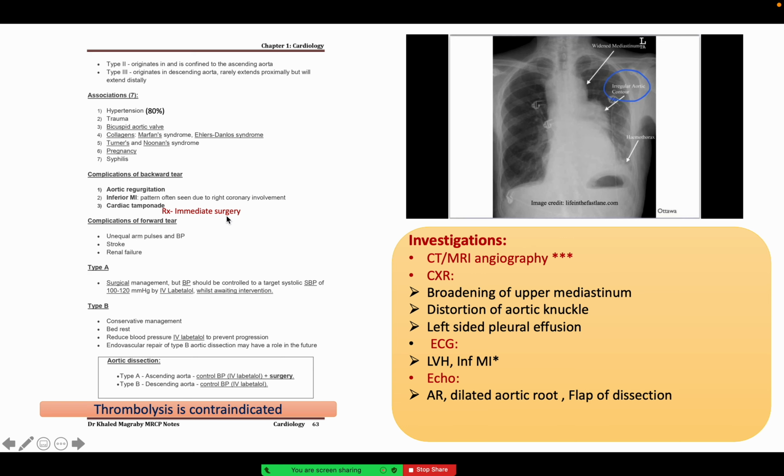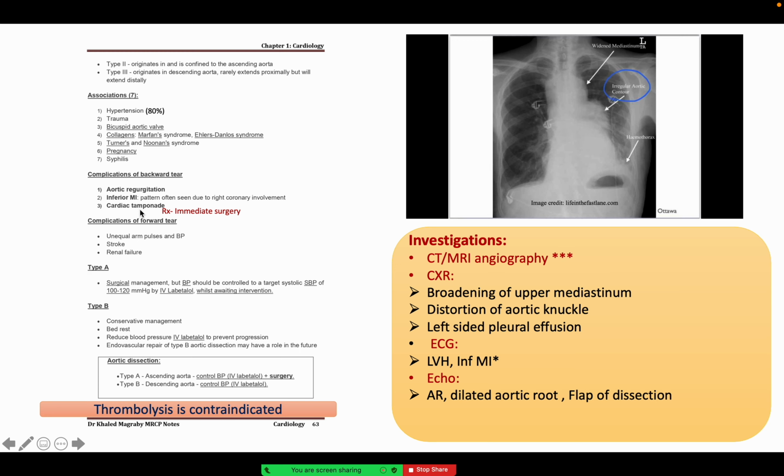So now what are the complications of aortic dissection? In case of aortic dissection, the tear can occur forwardly or backwardly. If the tear occurs backwardly, then the patient may have aortic regurgitation and inferior MI, as I was talking about, and the patient may have cardiac tamponade, a very important and very devastating complication.